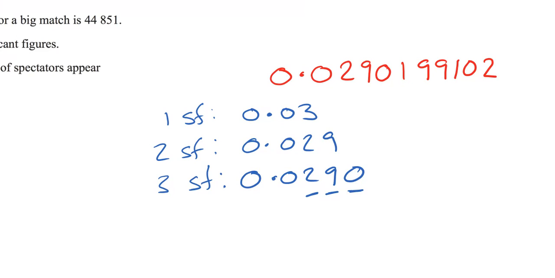That is a significant figure. If I was doing 4 significant figures, 0.02902, that 0 is one of our significant figures. We can write zeros, but only if the rounding is appropriate. Okay, I hope that helps you with rounding to a given significant figure.